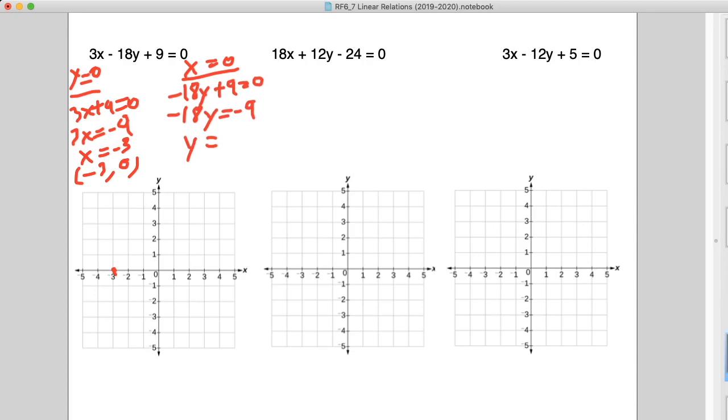So negative 9 divided by negative 18 gives me a positive 1 over 2. So that means that my ordered pair ends up being 0, 1/2. So somewhere over there, and I'll draw my straight line through those 2 points. It's a little bit crooked. Let's go ahead and fix that a little bit. And there you go.